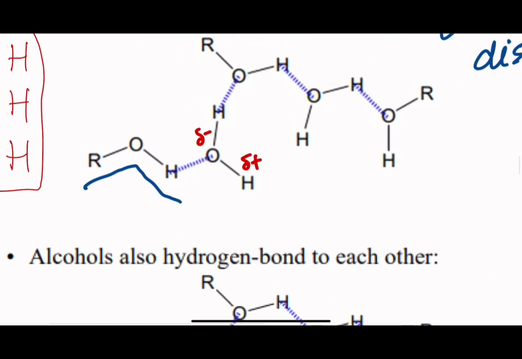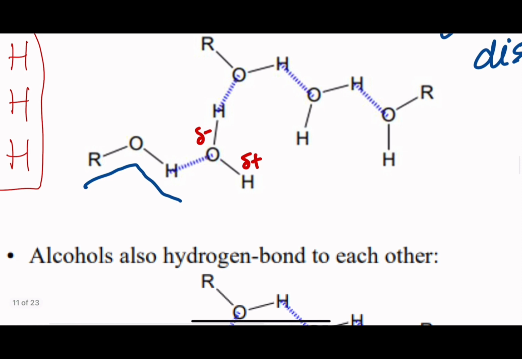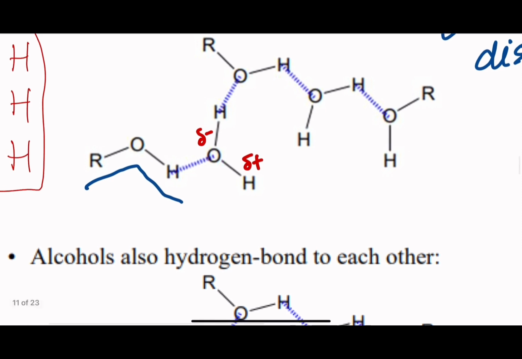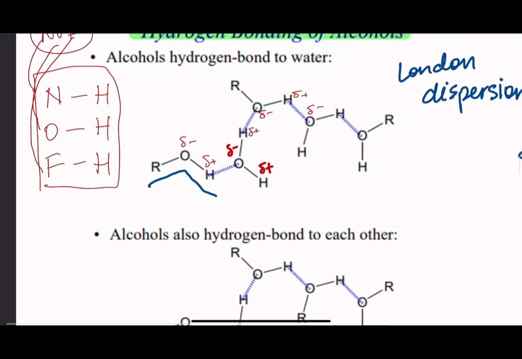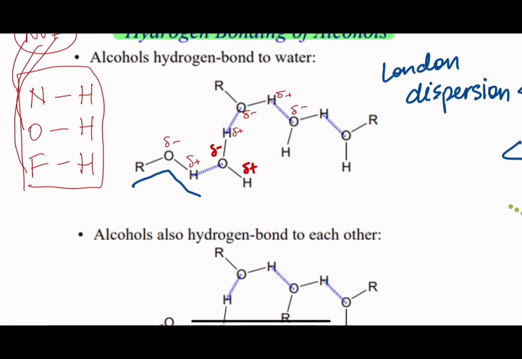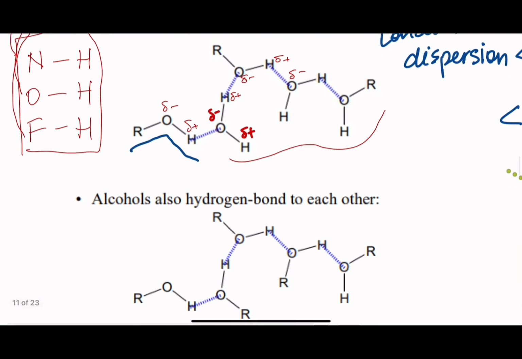So now I have oxygen and hydrogen, and this oxygen is pulling another positive. You see, this is another negative. This is positive, this is negative, this is positive, this is negative. So they are pulling each other closer and making molecules combine better.